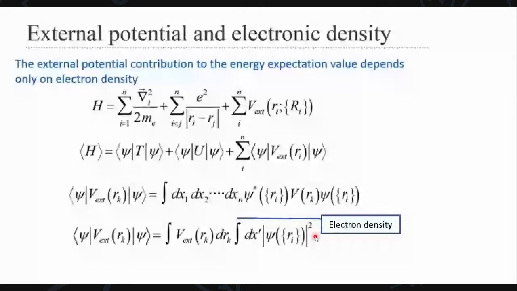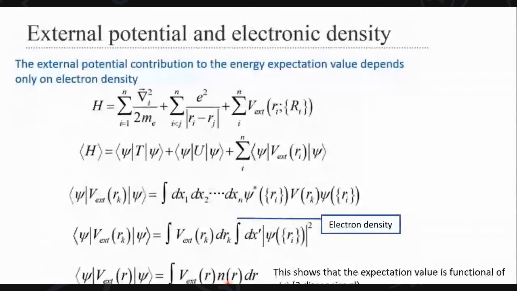So I can write this equation as V external being equal to the expectation value of V external sandwiched by the wave function. This is equal to the external potential times the electron density. Now here we have the full wave function, which is n-dimensional, and this shows that the expectation value is a functional of the electron density.